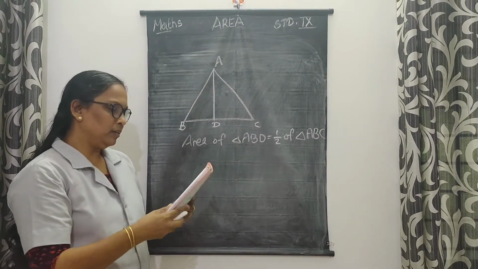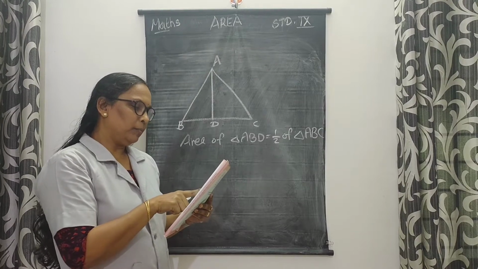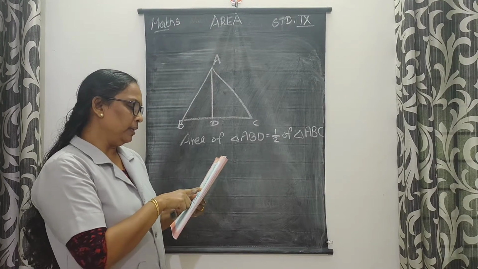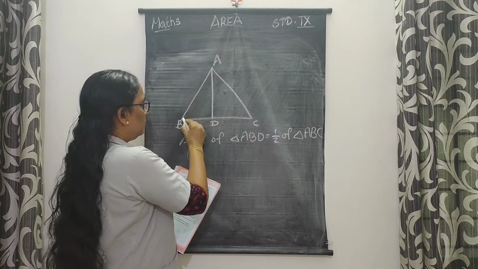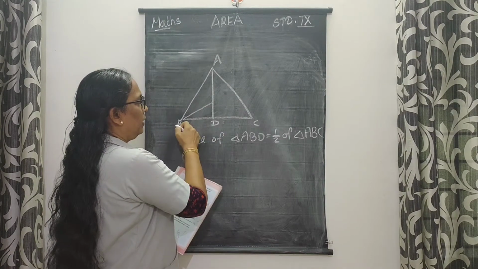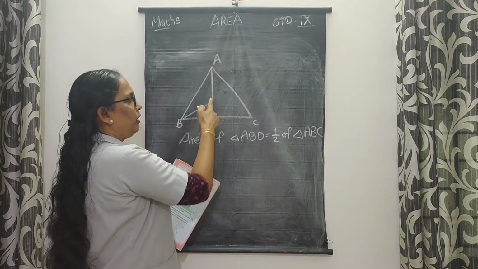Then again, there is one more line like this, dividing this line in a ratio. See here, this is the next line. It divides this line in the ratio 2 is to 1.